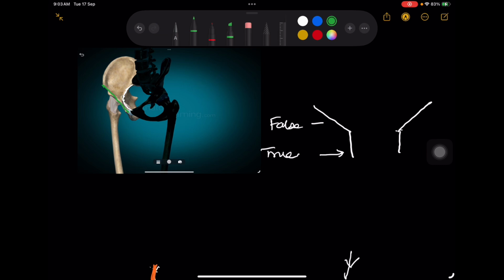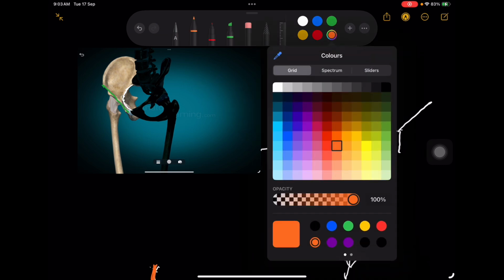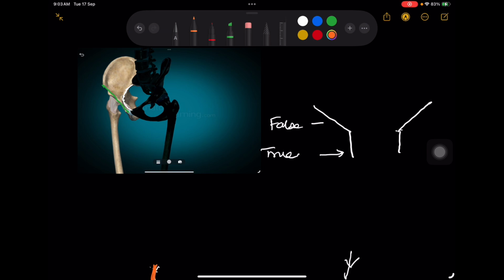Then, this whole pelvis is suspended by abdominal muscles, the transversus abdominis, the internal oblique and the external oblique, and this is how you see the innermost muscle, which is the transversus abdominis.